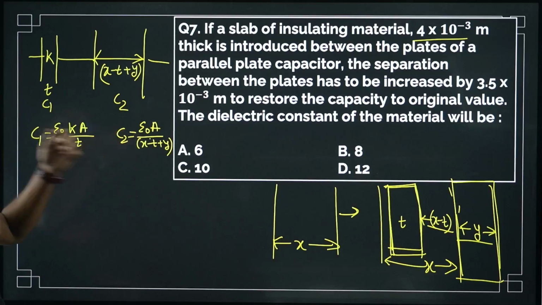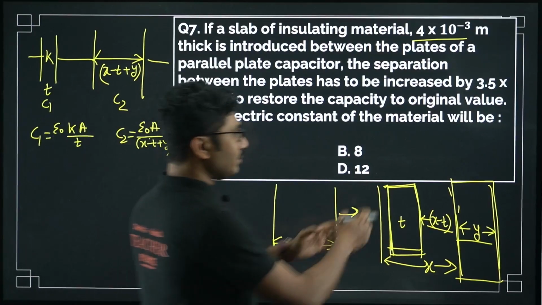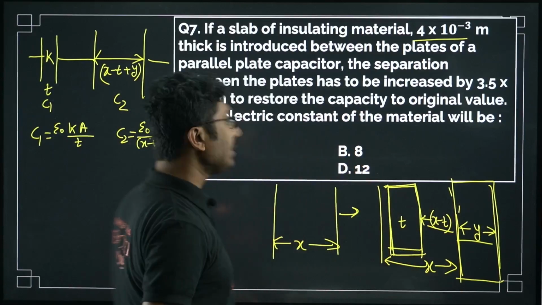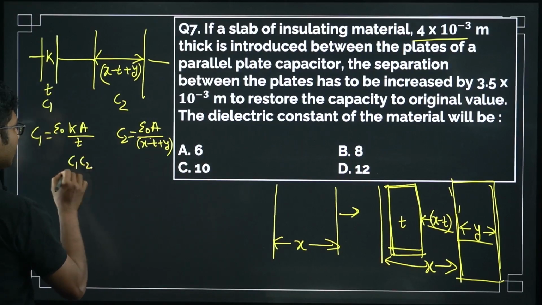So what is the total capacitance? They are connected in series. You can consider this a series combination, so the combination of these two is C1 C2 by C1 plus C2.